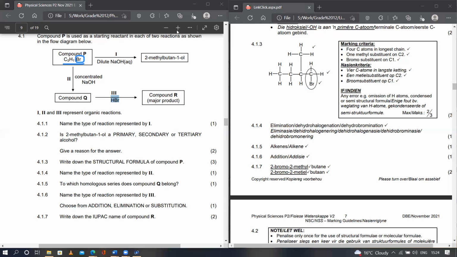Sorry, I think I got it wrong when I was explaining to you. Since this is an elimination reaction, that's not gonna be there. It won't be replaced. If it's replaced, it's substitution. Sorry about that.